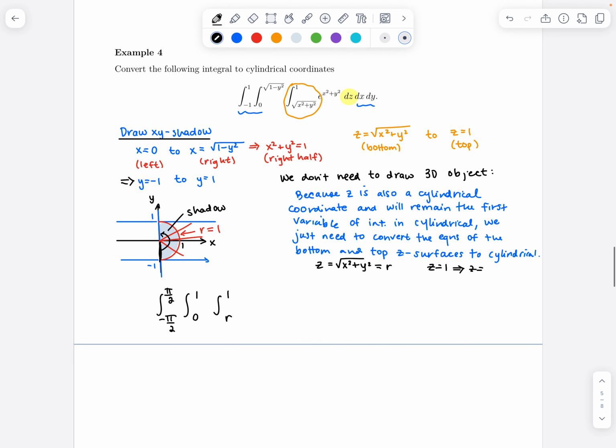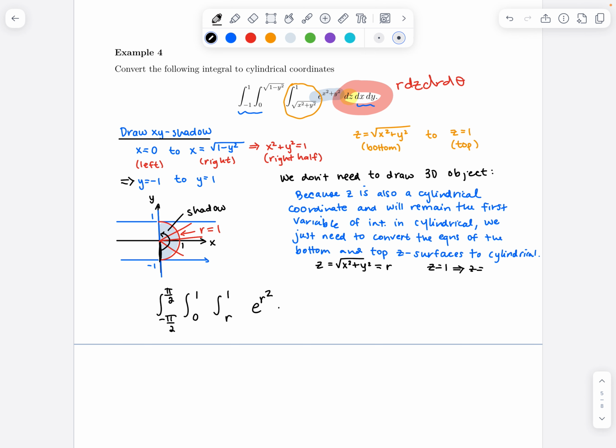And then what goes in my integrand comes from my original function. My original function was e to the x squared plus y squared, so I'm going to need to convert that into polar or cylindrical. I'm not allowed to have x's and y's in cylindrical, so that's going to become e to the r squared. And when I convert dz, dx, dy into dv in cylindrical, that will become r dz dr d theta.